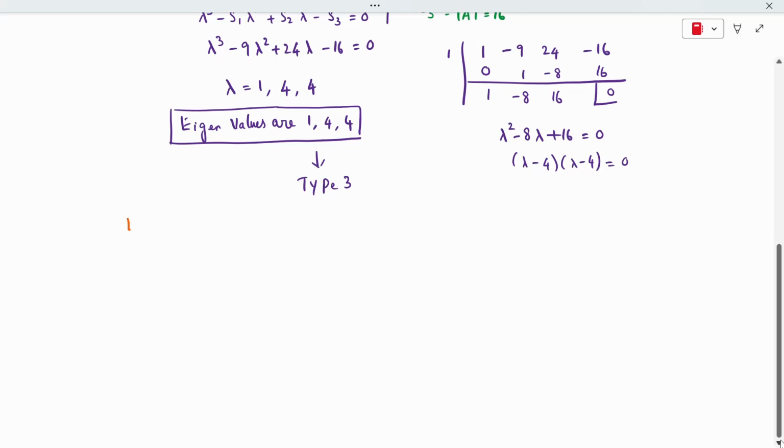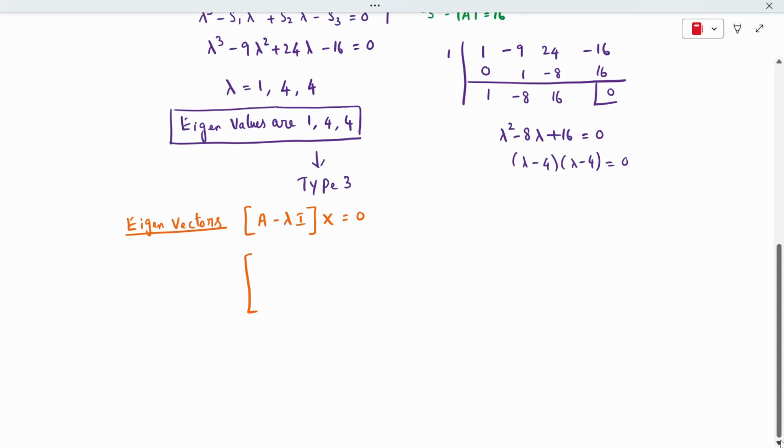So the eigenvector, we have to find it. First I will write the format: (A minus lambda I) into X, where X is the column vector, equals 0.